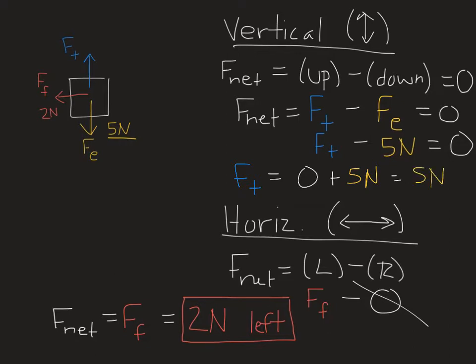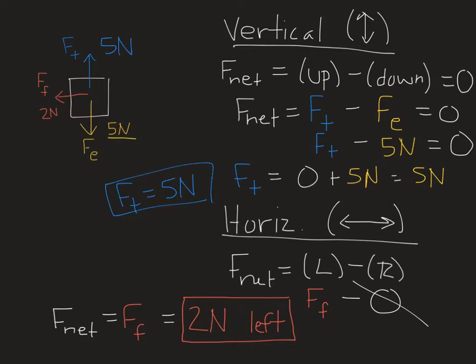So what we found out is that Ft equals 5 newtons. So let's write that out. Ft equals 5 newtons. This is something we figured out. I'm going to draw it on our diagram here. Just add it in there, 5 newtons.